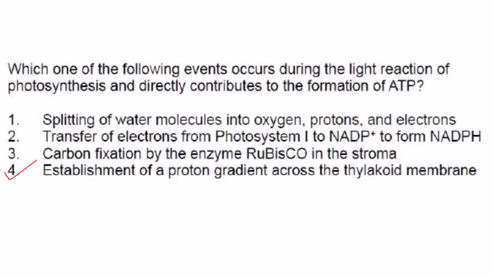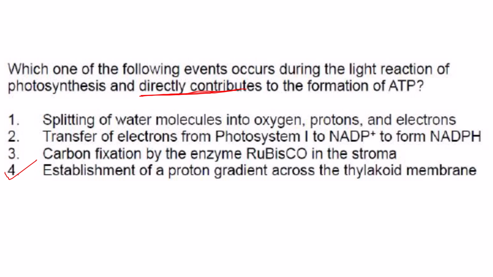But we will see the other options also. Splitting of water into oxygen, protons, electrons, yes, that takes place during the light reaction, but it doesn't contribute to the formation of ATP. They have asked directly contribute. So it doesn't contribute directly. Then transfer of electrons from photosystem 1 to NADP plus to form NADPH, that also has no direct contribution to ATP synthesis.